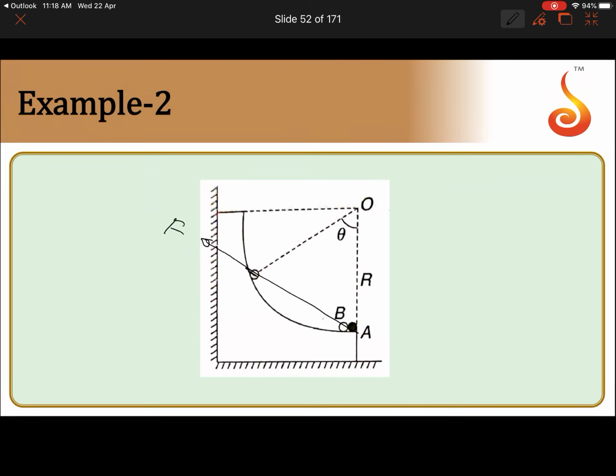Electrical force, mg, normal. If this is theta, this angle we can say is theta by 2, and if this is A and this is the new position of B, so AB dash we can write is this.